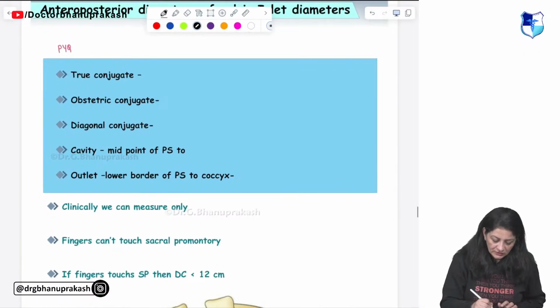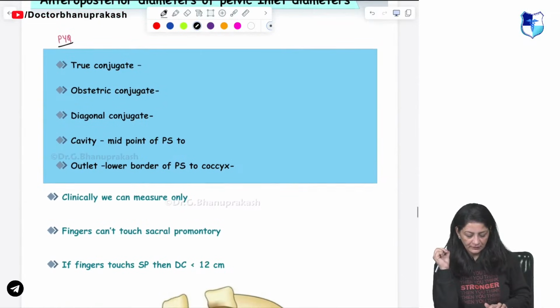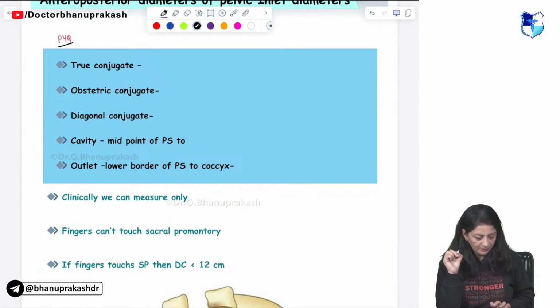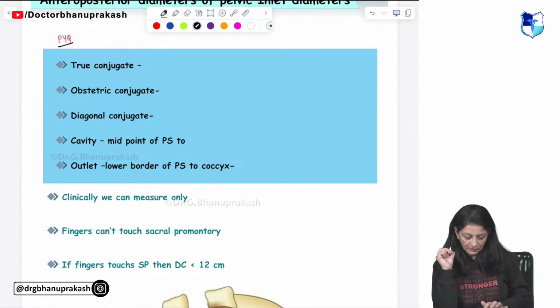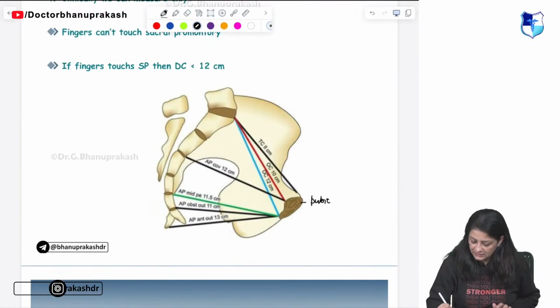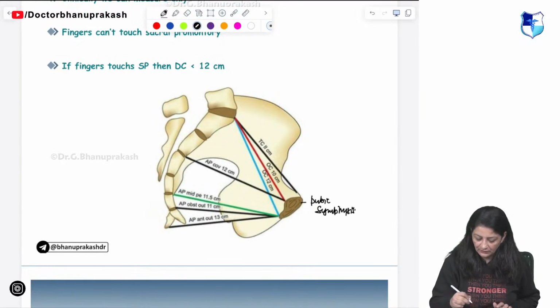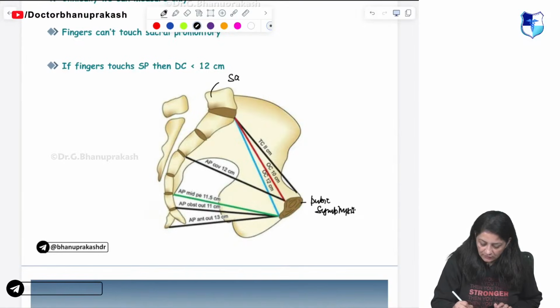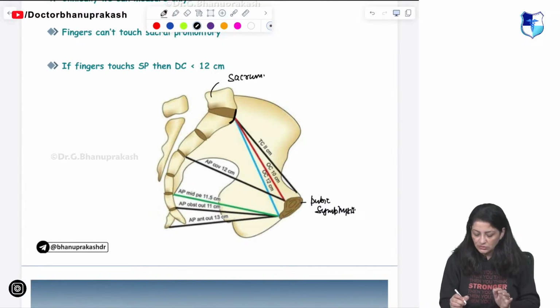Now this is the PYQ: anterior posterior diameters of pelvis. This is the pubic symphysis, this is the sacral promontory.